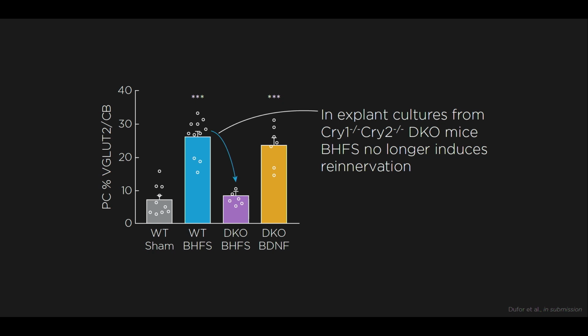And that completely abolishes their response to magnetic stimulation. But the axon regeneration pathway is mainly intact because when they treated the sample with BDNF, the axons do grow back. So we think that Cry1, Cry2 genes are specifically responsible for the response of magnetic stimulation. And Cry1, Cry2 genes in some species code for magnetoreceptors, which is very interesting.